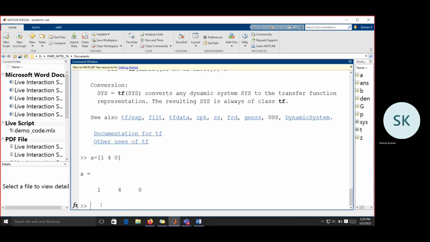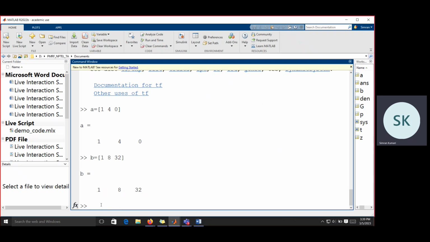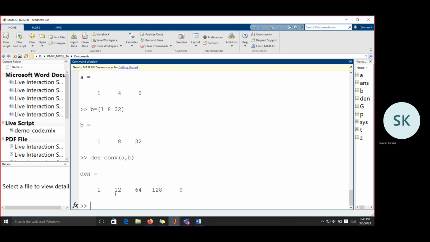Suppose that is A, and B is s square plus 8s plus 32, so that is 1, 8, 32. In the denominator, we have the multiplication of these two, so we use the conv command, which does this, with A and B. This will be the coefficients, with powers s to the 4, 3, 2, 1, and 0.